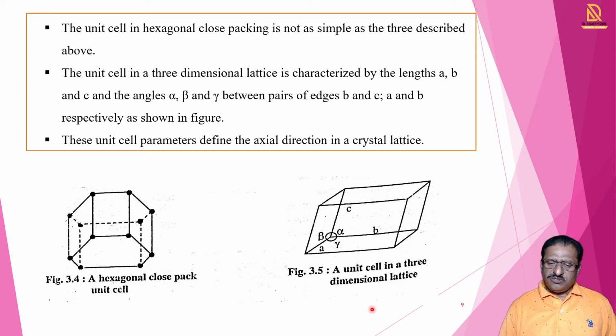This figure 3.5 shows a unit shell in a three-dimensional lattice, and here it is not a cubical structure. The lengths of all the edges are not the same. Such a structure is observed in the hexagonal close pack structure or hexagonal close pack unit shell.